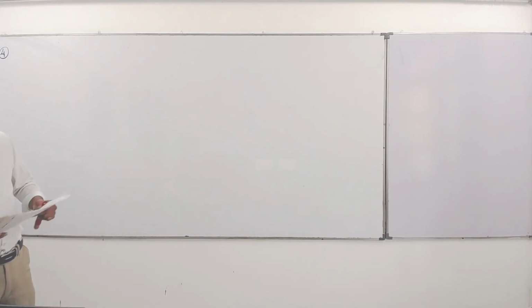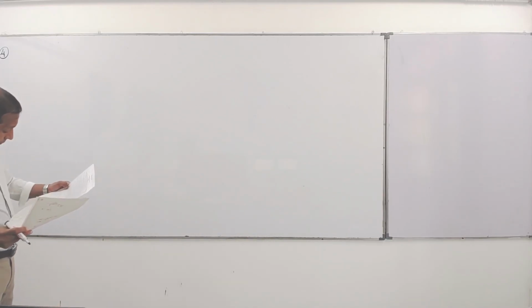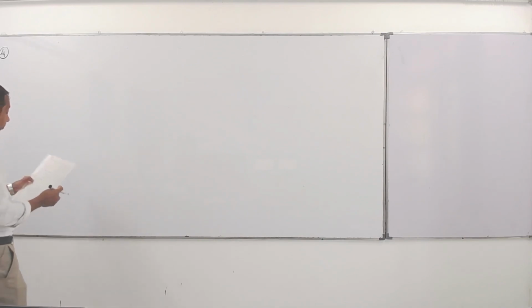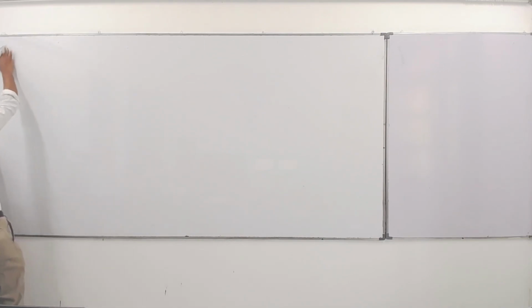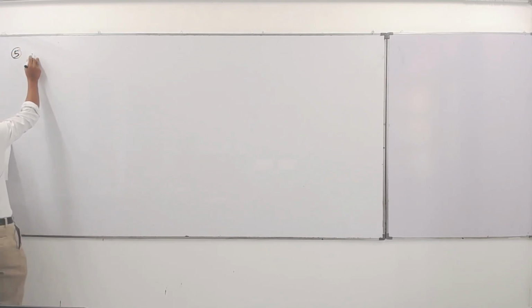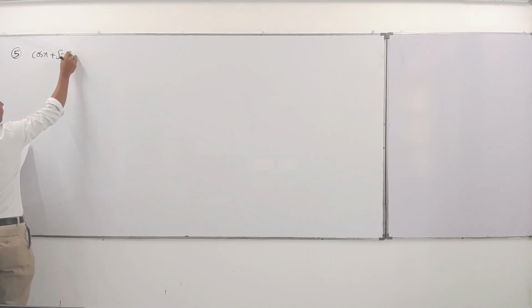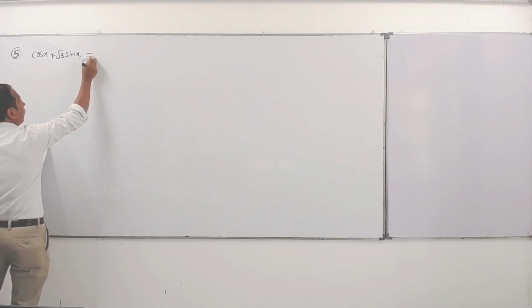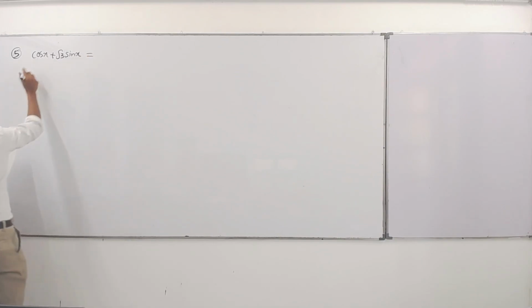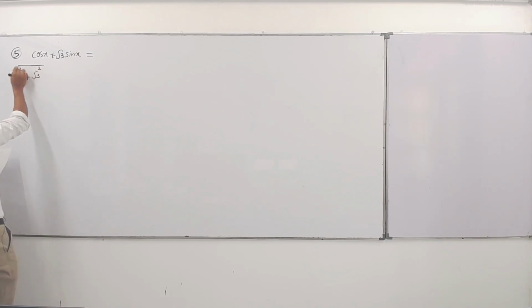Okay, cos x plus root 3 sin x. Right. Now here we take this cos x coefficient 1, sin x coefficient root 3, no? We square them and add, and we take the root.